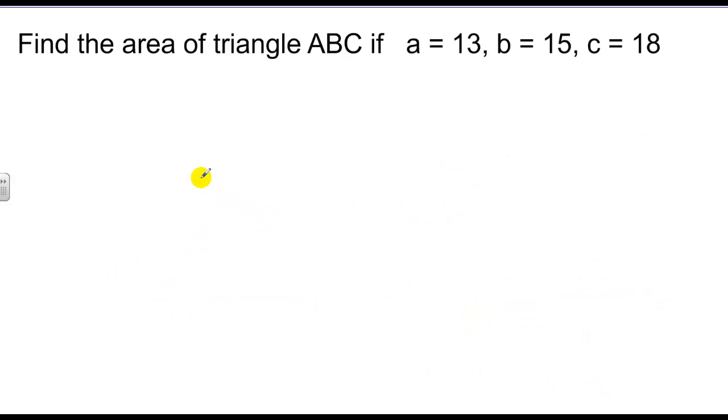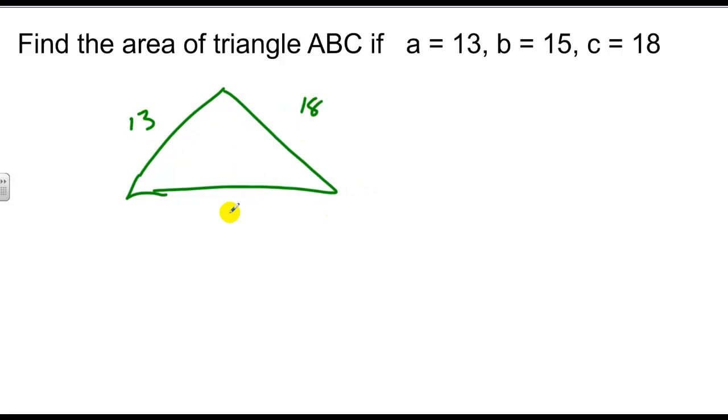Let's do one more just for kicks. Again, got A, B, and C. Call this 13, 15, and 18. Use Heron's theorem, so take half of the perimeter. Perimeter is 28, 36, 46.